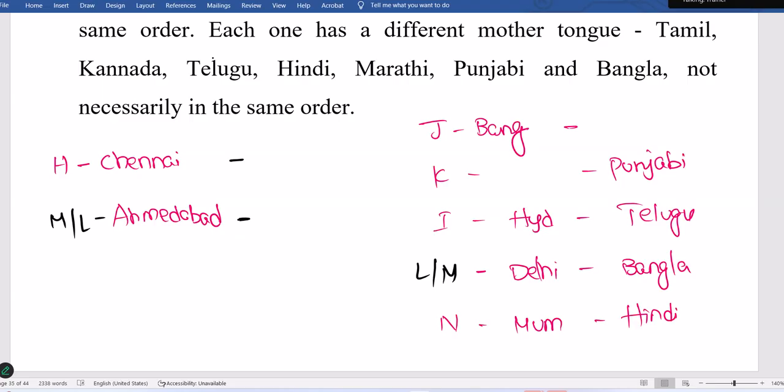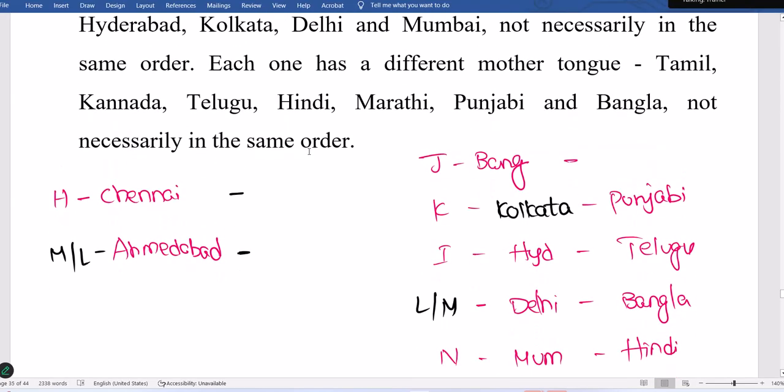So obviously K goes with Kolkata. Only one person is left over with the city, K. Now there is still a bug related to languages left over.